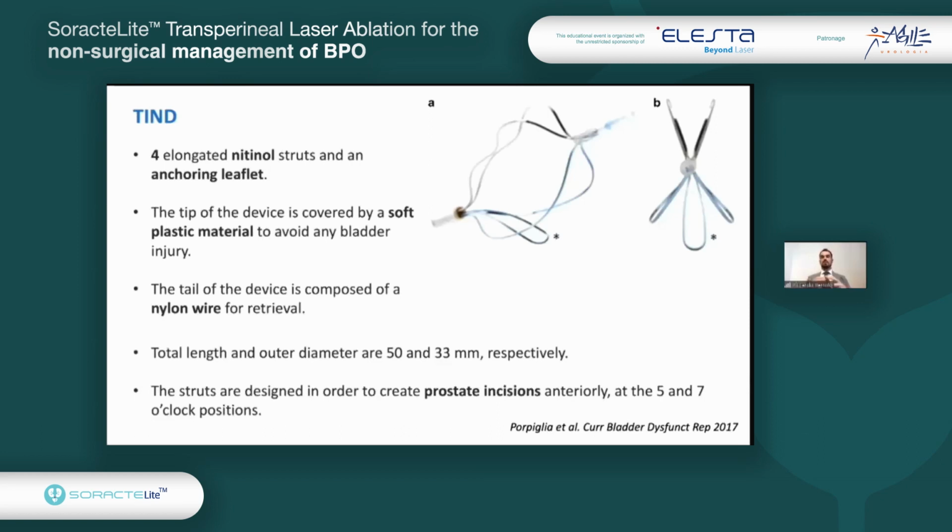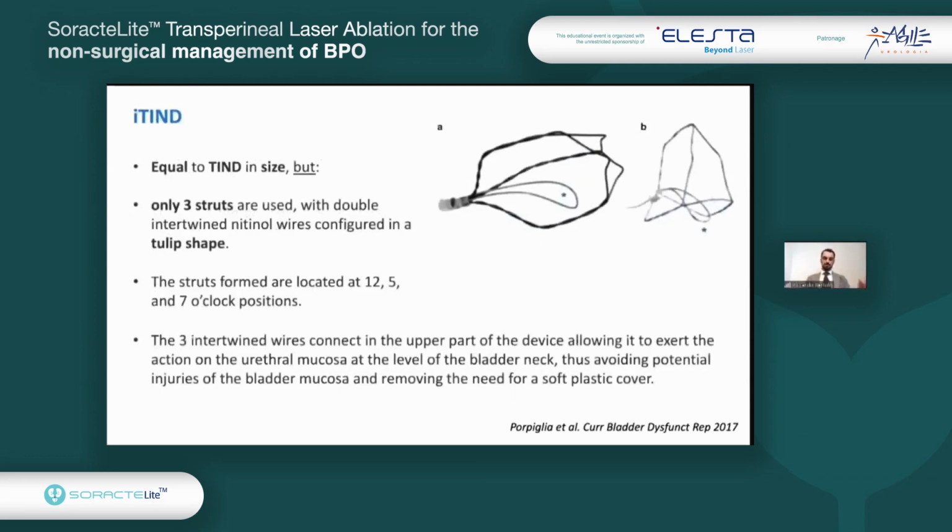The struts were designed to perform 4 incisions. Then the second generation of the device is pretty similar, but only 3 struts are used. There are intertwined Nitinol struts configuring a tulip shape, and they are performing just 3 incisions. There is no tip, so there is no plastic cover to avoid tissue trauma, because there's no risk of trauma to the bladder.